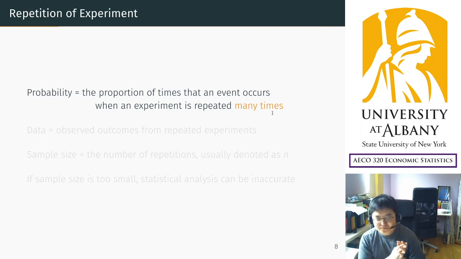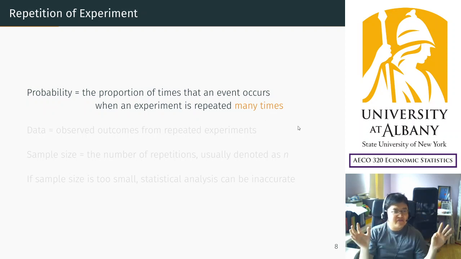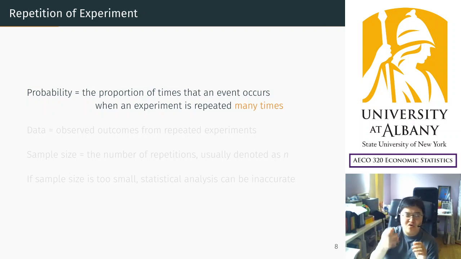By the way, this definition of probability is actually one of several possible definitions in statistics. But I'm just telling you one definition because say 90% of statistical analysis is based on this probability. We call this definition the frequentist approach, and there are others like Bayesian approaches and something else.